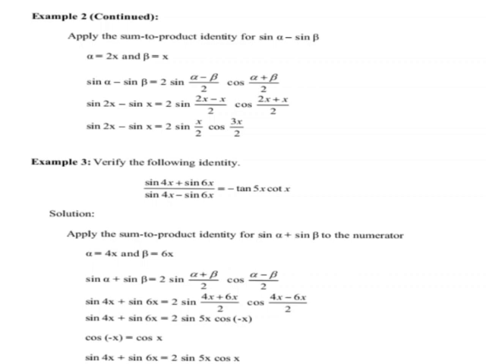Sine 4x plus sine 6x is equal to 2 sine 5x cosine of the quantity negative x. Cosine of negative x is equal to cos x. So the answer is sine 4x plus sine 6x is equal to 2 sine 5x cos x.